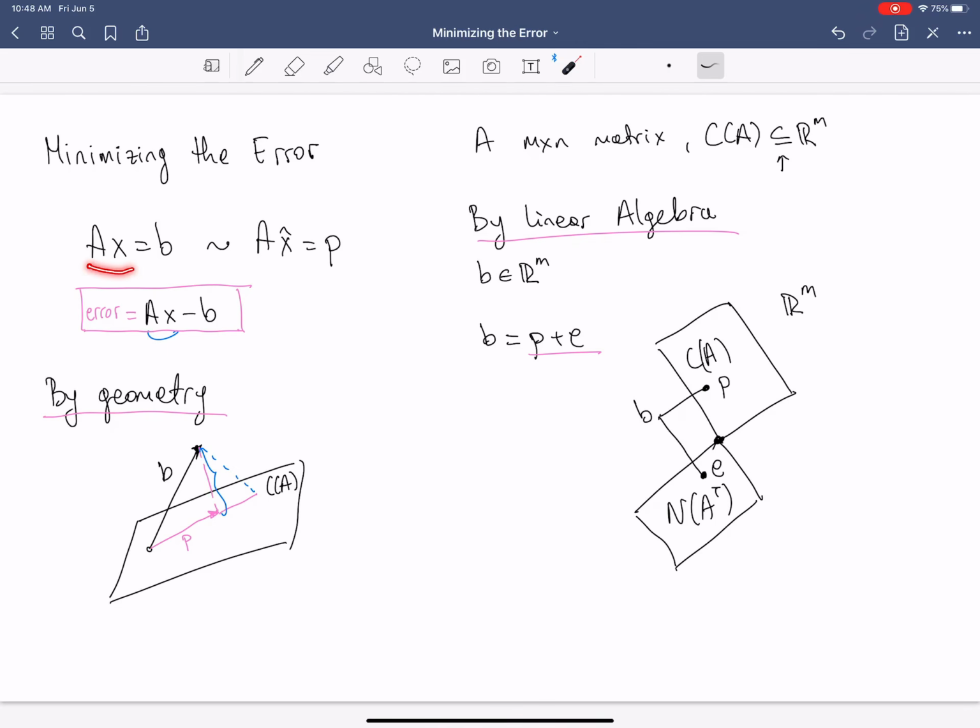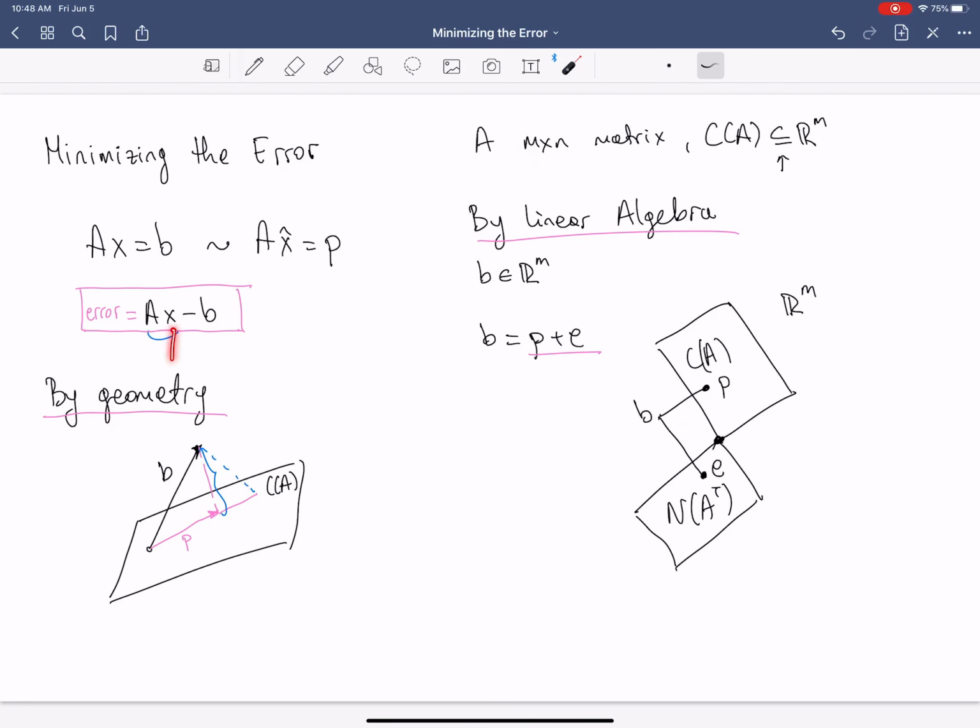When the system AX equals B has a solution, AX is equal to B and the error is 0. When AX equals B does not have a solution, then AX minus B will be some vector in Rm, and we want to find a way to make it the smallest.